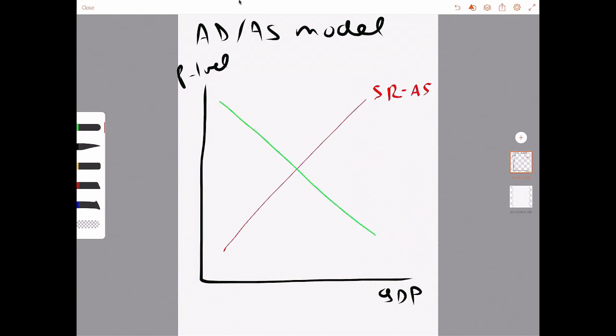Here's the aggregate demand curve. And in an economy where everything is basically balanced out, where we are in long-run equilibrium, we have the economy in equilibrium where all three of those lines cross.